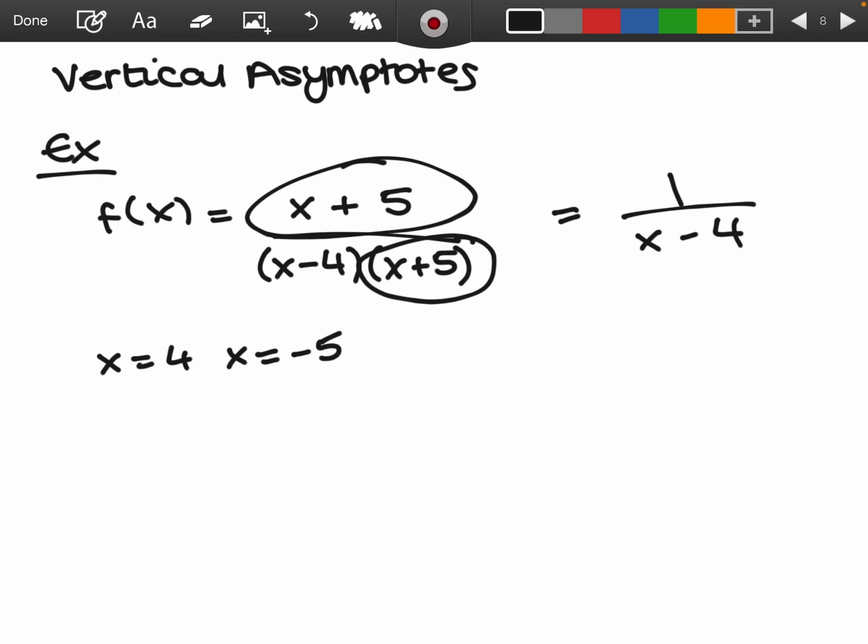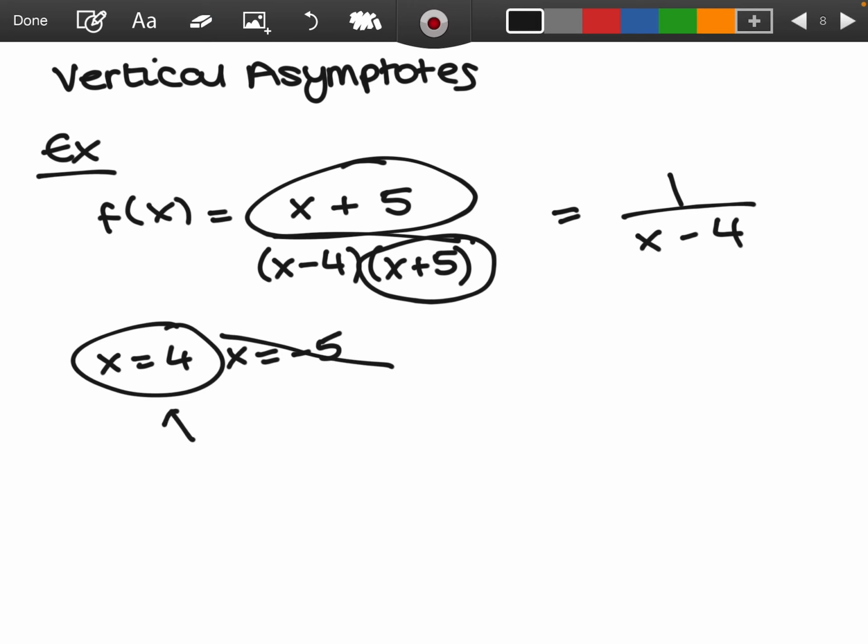Any x value that gives you a 0 for the denominator in simplified form gives you a vertical asymptote. Like I said, we will deal with that x value of x equals negative 5 later on. But at this other x value that still hangs around once we've done all this simplifying, it's that x value that makes your denominator 0 when you are in simplified form.